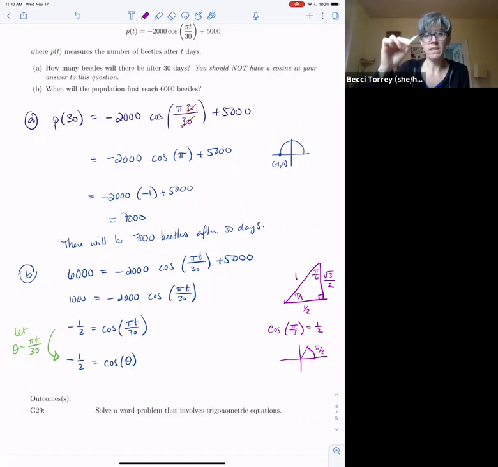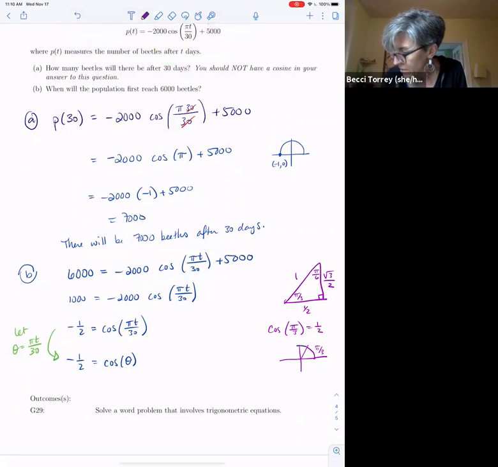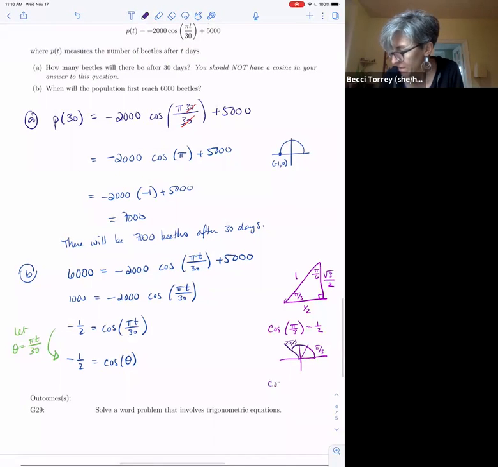I keep going in that same direction because I want the first time that I get to -1/2. My cosine is negative over here in this quadrant because cosine is the x value. So the first time it's going to get to -1/2 is at 2 pi/3. So over here at 2 pi/3, cosine of 2 pi/3 is -1/2.